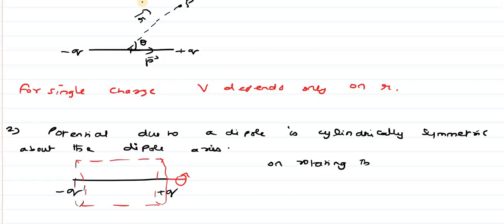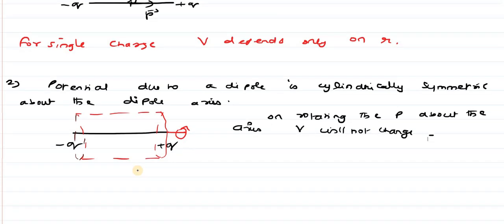On rotating the observation point, that is the point P, about the axis, the potential V will not change. And the potential due to a single charge is spherically symmetric. Correct?